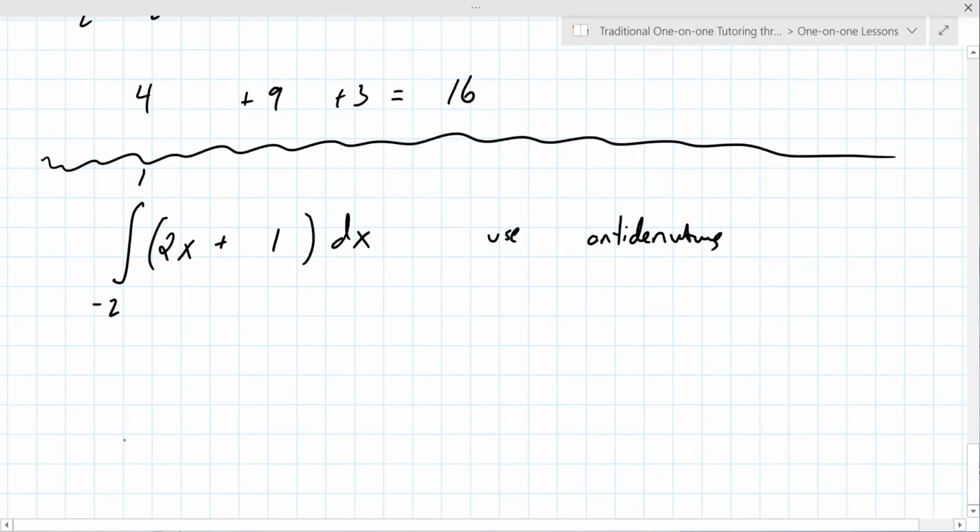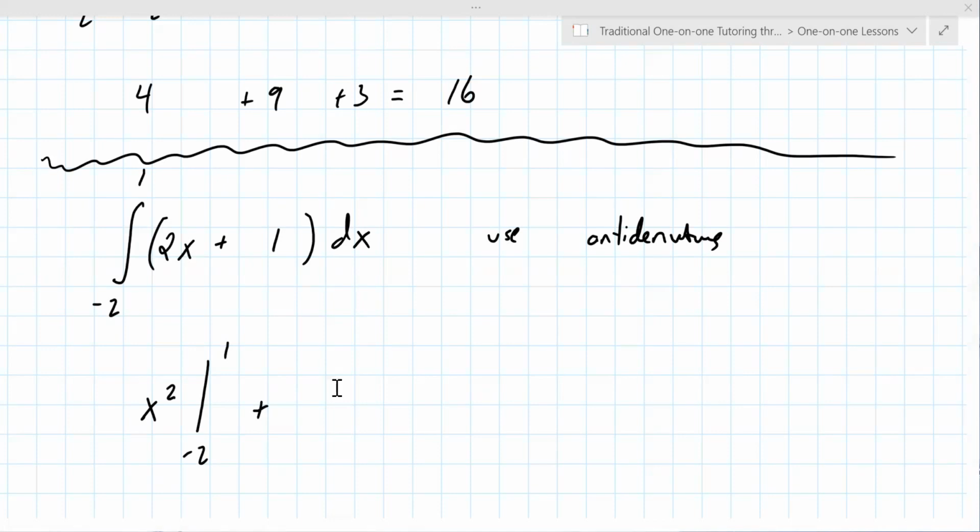So you've got to figure out what function's derivative gets you back to 2x. X squared, right? Okay. And then you can evaluate that from -2 to 1. What function's derivative gets you back to 1? Just x.